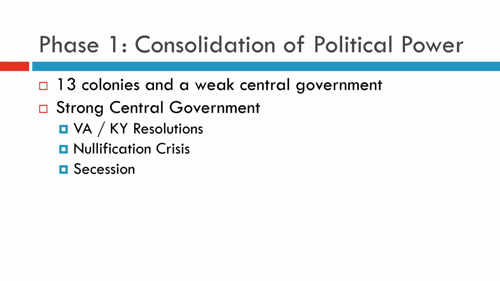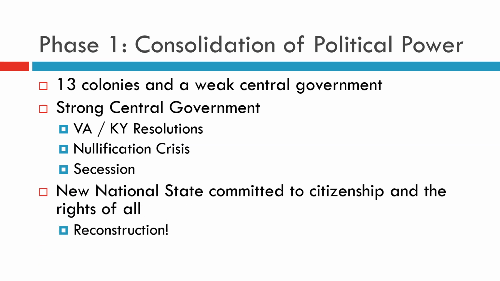But there were challenges to that from the beginning, whether it was the Virginia and Kentucky resolutions in response to the Alien and Sedition Acts, or the nullification crisis, again from South Carolina in the 1830s as a result of the Tariff of Abominations, and later secession, again with the goal of protecting states' rights. Well, following Reconstruction, we have a new national state that is committed to citizenship and the rights of all. Now, again, that is done through this process of Reconstruction.